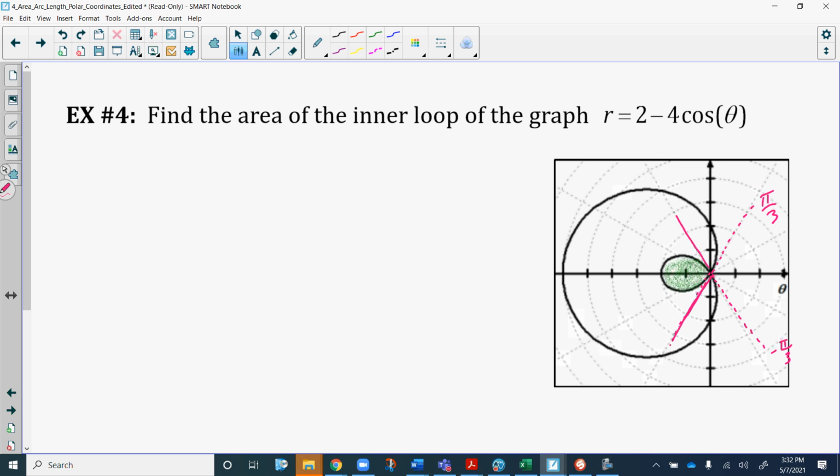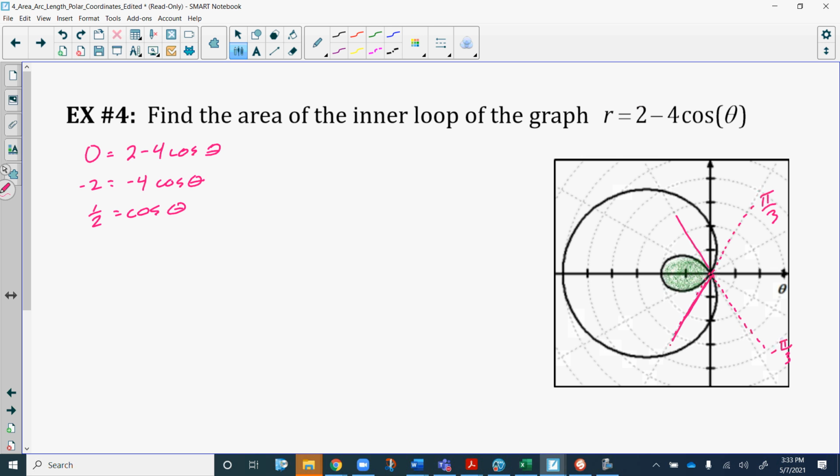So that's what I'm going to look at here, to see if my algebra agrees. Like before, I'm going to substitute 0 in for r so I can figure out the interval algebraically. So I'm going to say 2 minus 4 cosine of theta equals 0, and solve for theta. So negative 2 is equal to negative 4 cosine of theta. I probably should have moved the negative 4, but either way, I wind up with 1/2 being equal to cosine of theta.